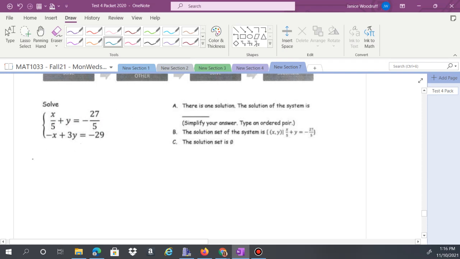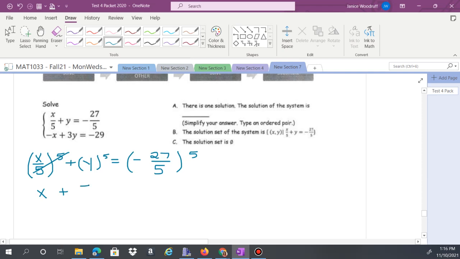Okay, so let's just take this first equation. And let's get rid of the fractions. So that means I'm going to multiply each term by 5. Okay, so we're going to do that. We're going to get these 5s to eliminate, so it's going to give us x.